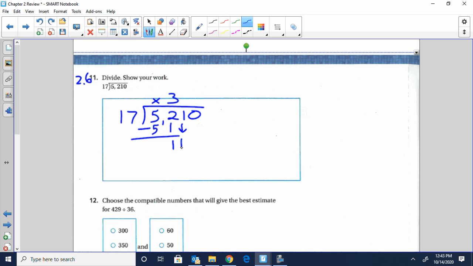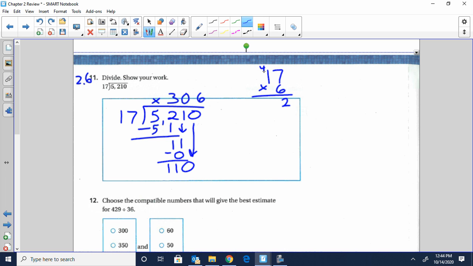17 is going to go into 11 0 times. That's a 0. We subtract. We get 11 again. Bring down the 0. 17 goes into 110 6 times, because 17 times 6 is 42.